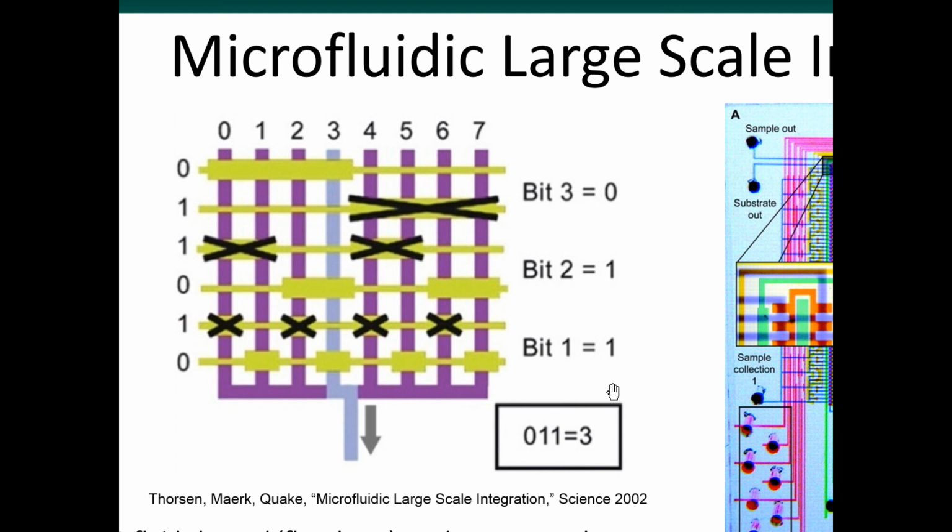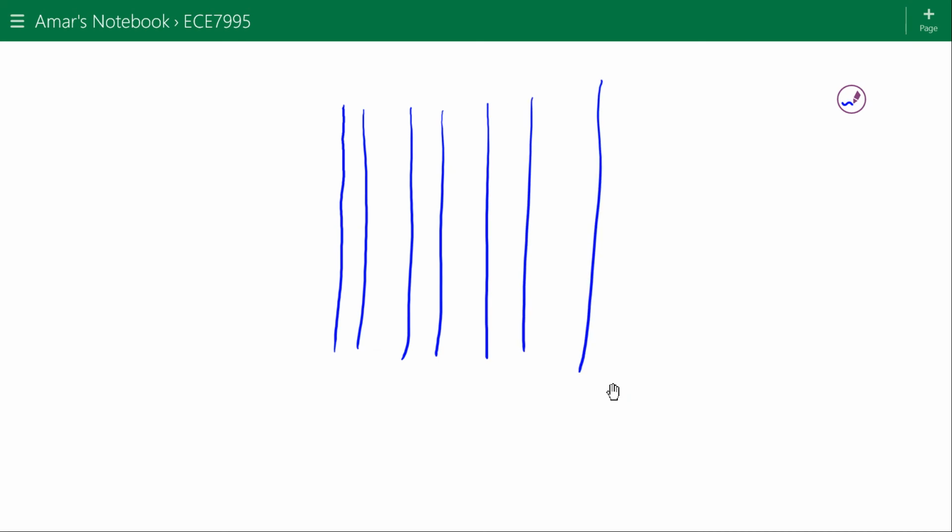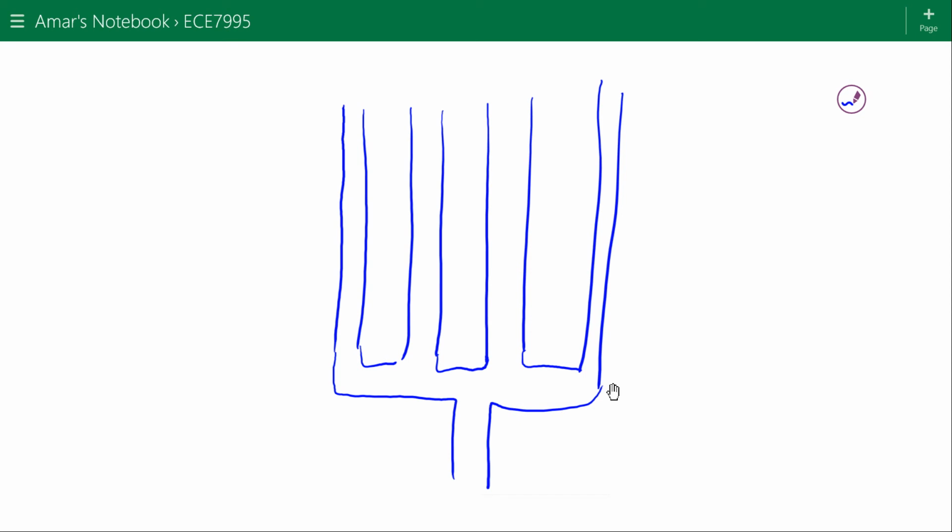So ordinarily, if you think about it, let's say we had 4 channels here, and we want to create a multiplexer out of this.